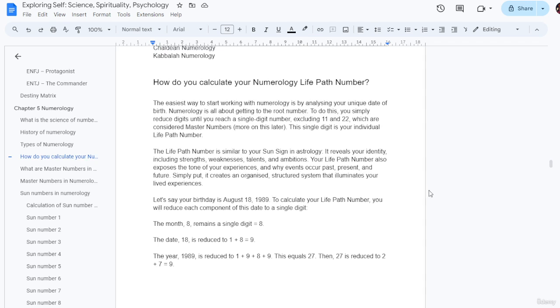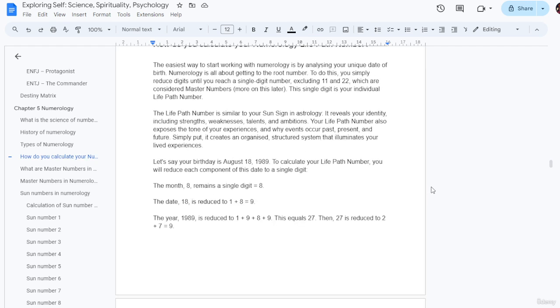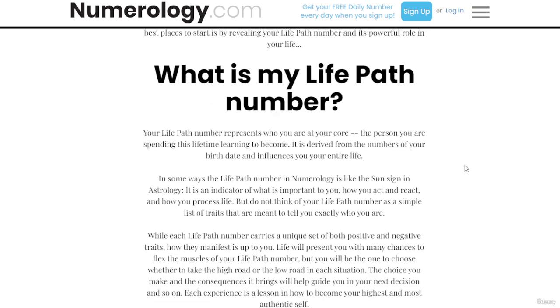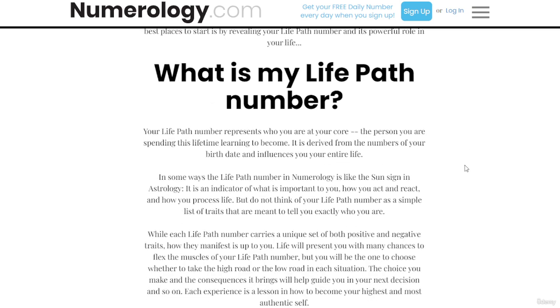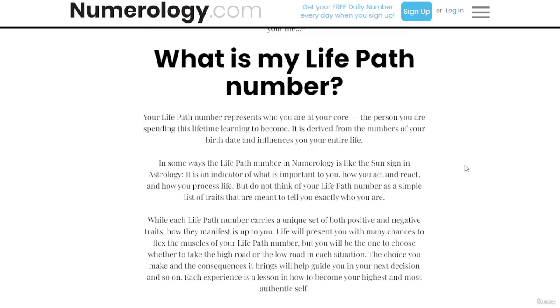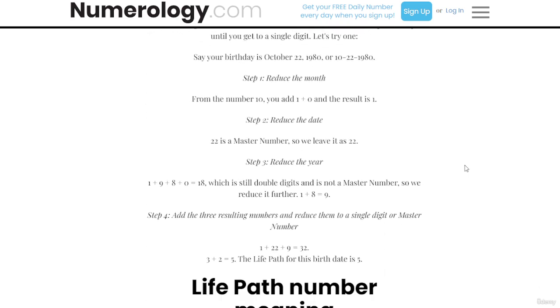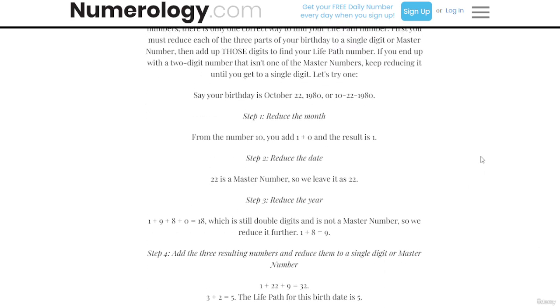One of the easiest ones tends to be your life path number. So here I got to be a little bit more into how the life path number works and how exactly it correlates with things. There are step-by-step ways to calculate it for yourself.